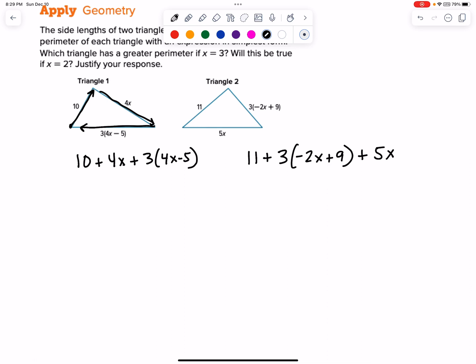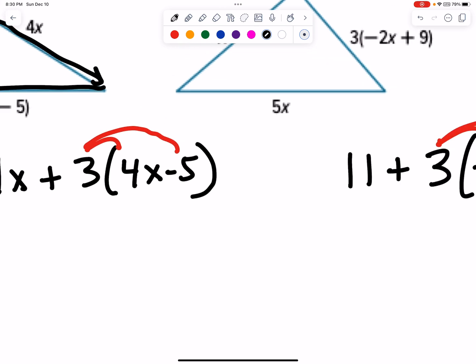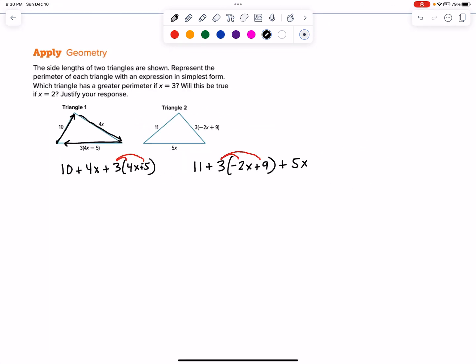To do that, remember, we need to get rid of all parentheses and we need to combine all like terms. So step 1 is going to be to distribute. Okay, so we're going to do that with both of them. So we're going to have our 3 times 4 is 12x, plus 3 times negative 5 is negative 15.